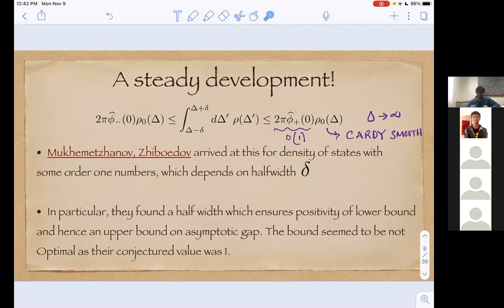And these order one numbers actually depend on this weight energy with delta and little delta.